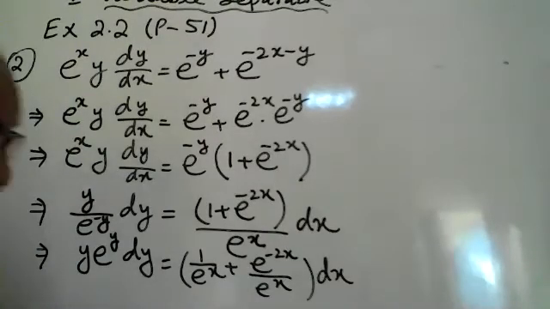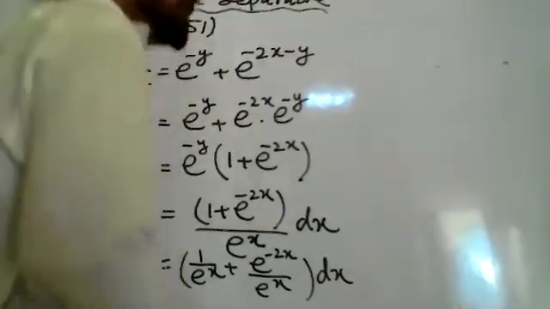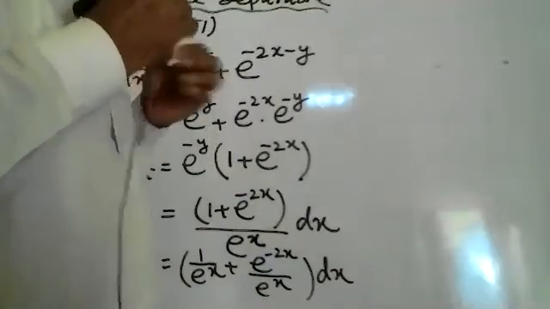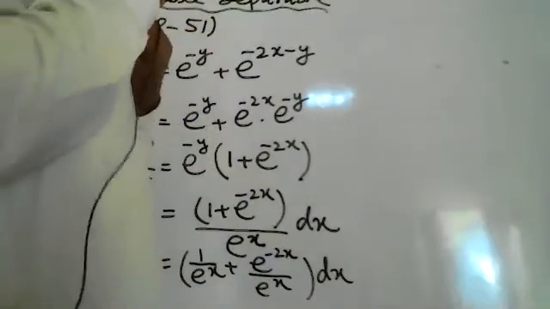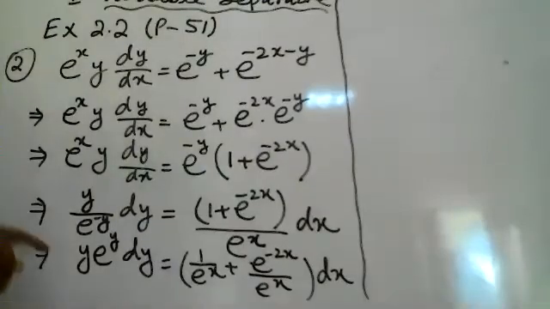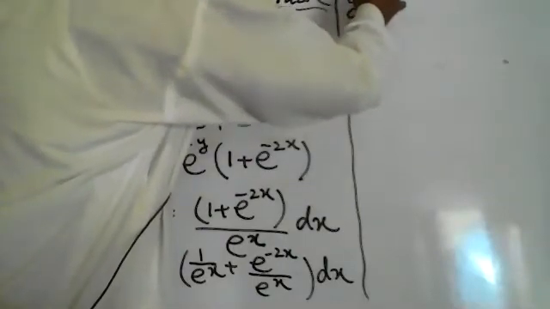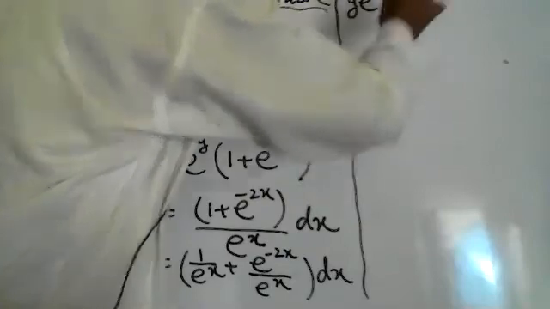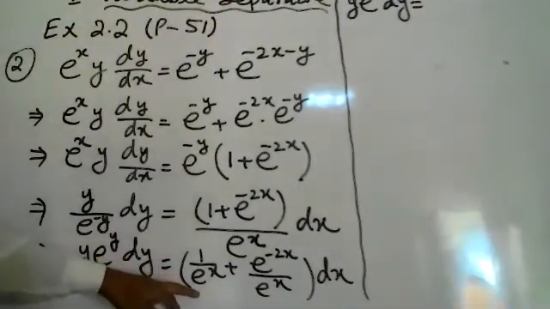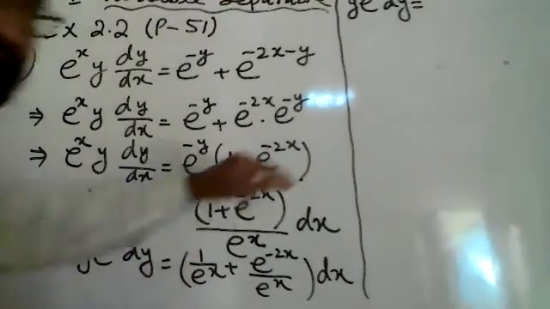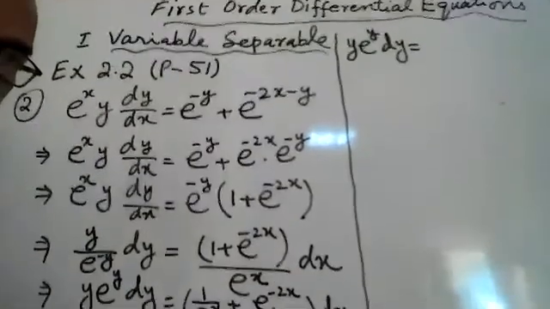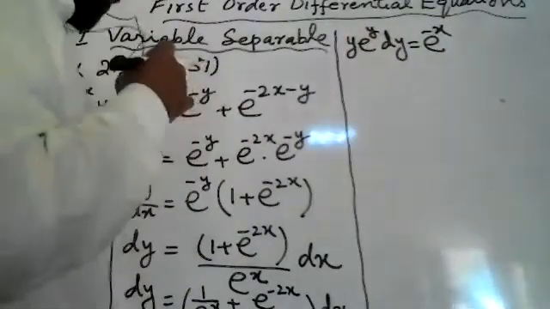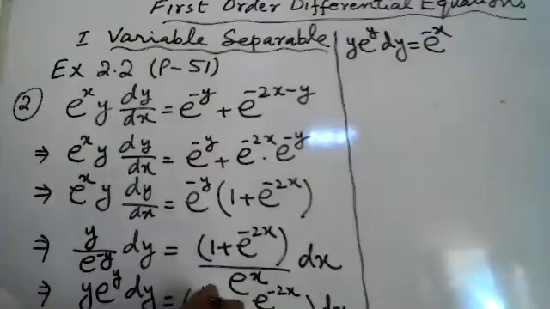Further, y e raised to power y dy is equal to 1 upon e raised to power x, which will be e raised to power minus x, into dx.